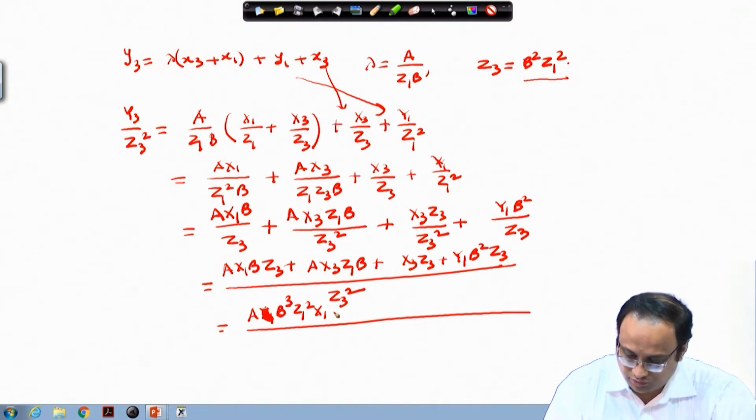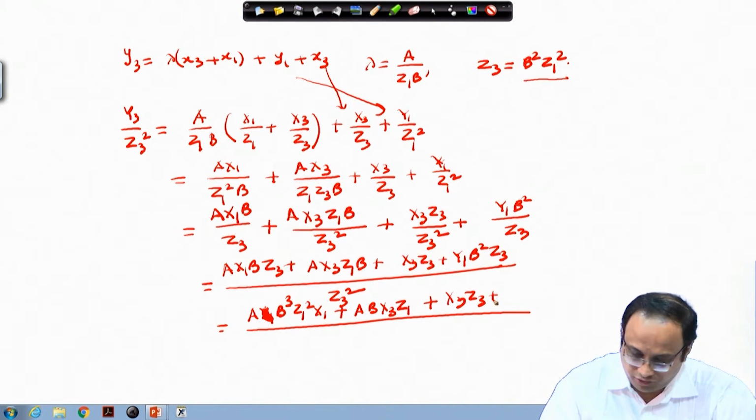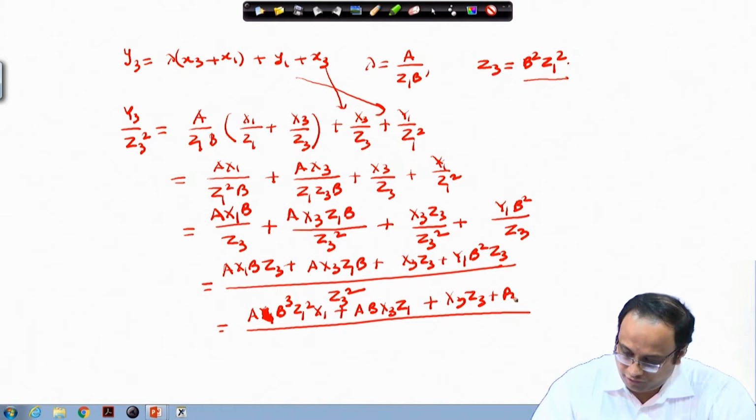So just writing the x1 at the end, plus a b x3 z1, okay, plus this part, x3 z3, and for this part, if I substitute in place of z3 b square z1, then I have got b to the power of 4 y1 z1 square divided by z3 square, okay.